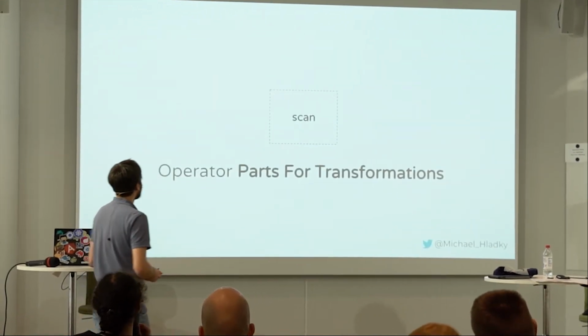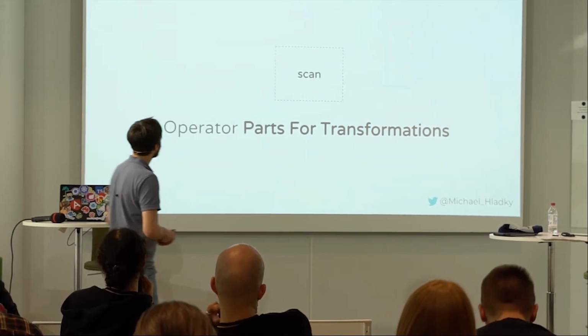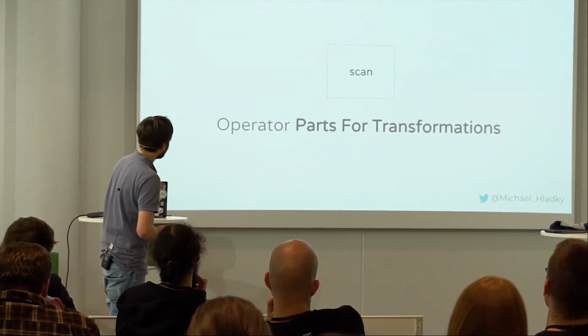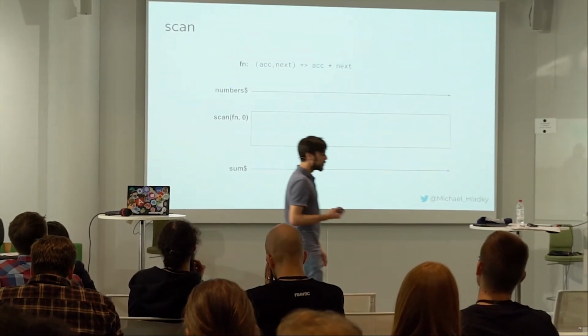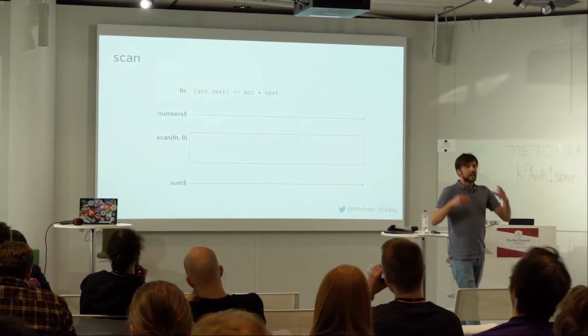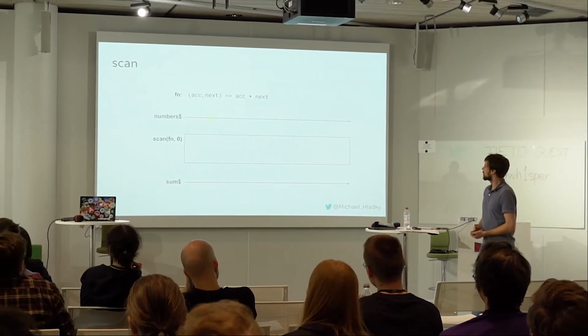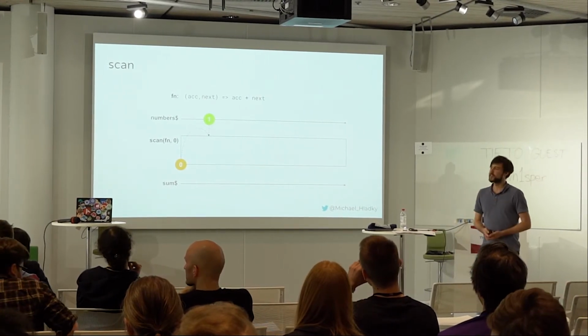And those are the basic operators, the basic parts. Another basic part is scan. What scan is doing, it is very similar to the array first class function reduce. It maintains an internal state, it stores this state, and over time I can change this value.